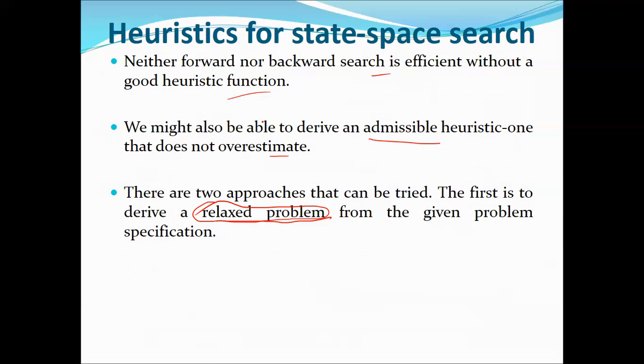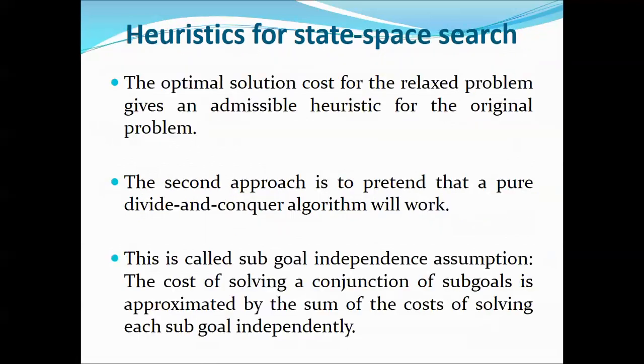If you want a good heuristic function, it should be admissible. That is, it should not overestimate the goal state, it should underestimate. Now, how will you create the admissible heuristic? That is the question. An admissible heuristic can be created in two ways. Either by relaxing the original problem, so that is one way.